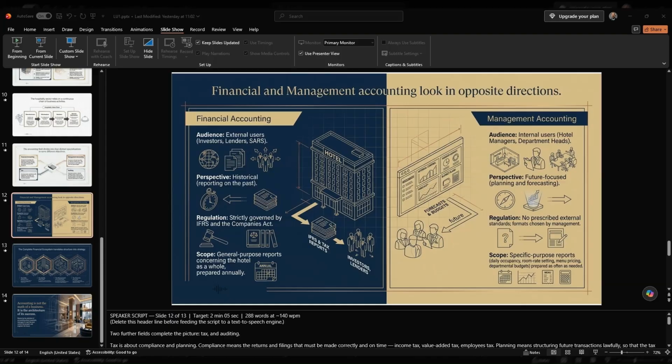Put simply, financial accounting produces the statements, management accounting produces the decisions, tax handles the obligation to the state, and auditing provides the assurance that the first of those is being believed.